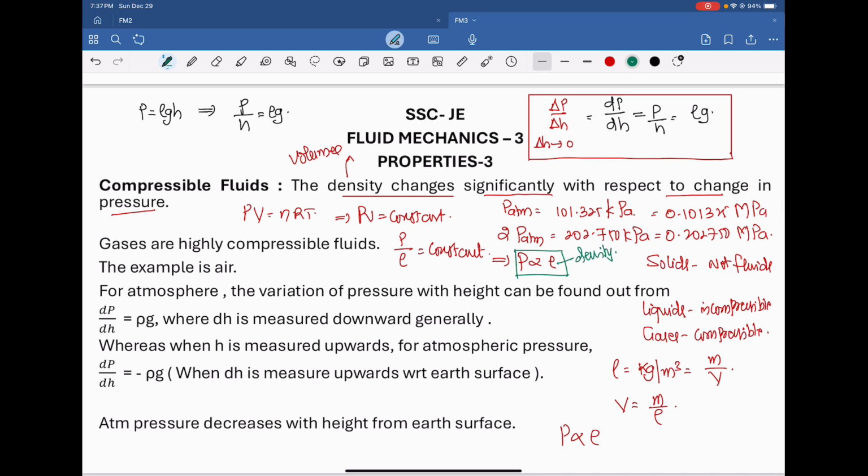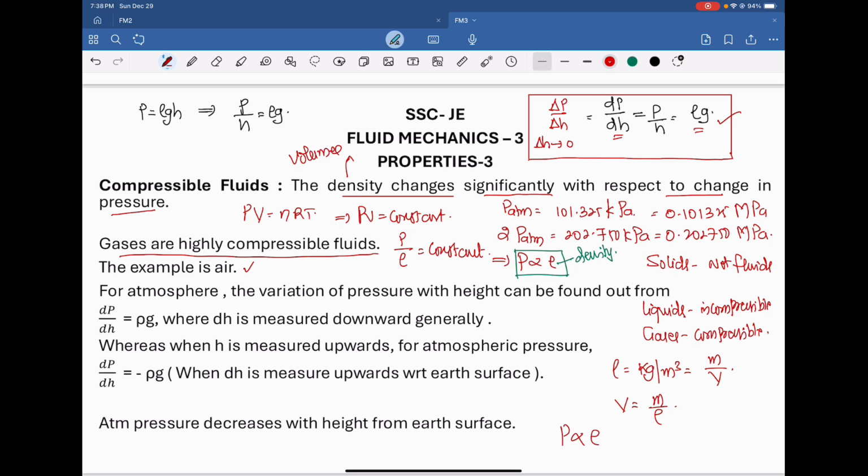A slight change in pressure is going to change the density. The ideal gas equation is not followed by liquids. Hence we say that gases are highly compressible fluids. The example is air.